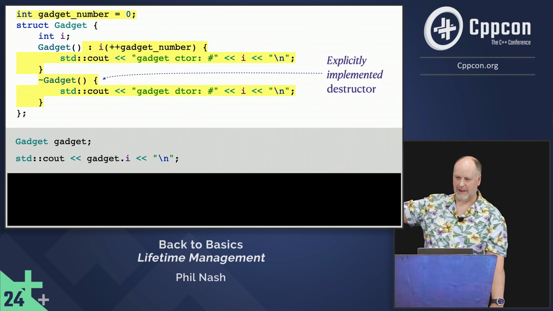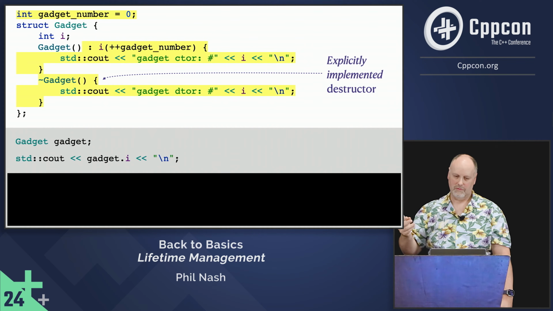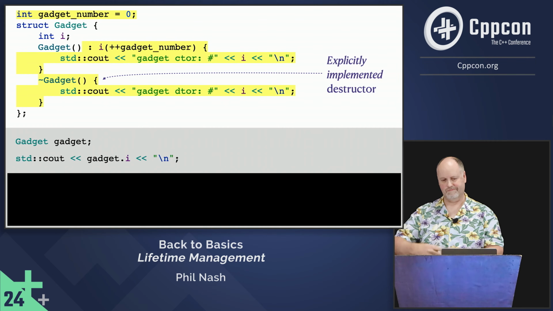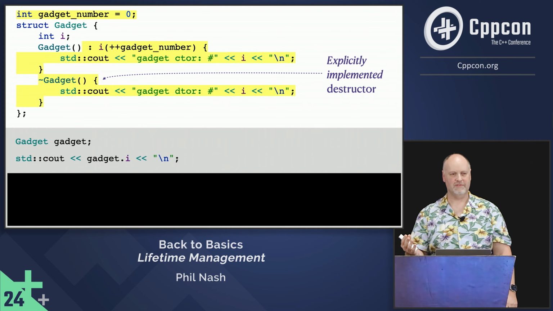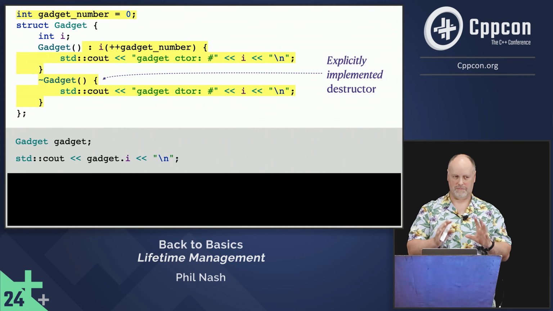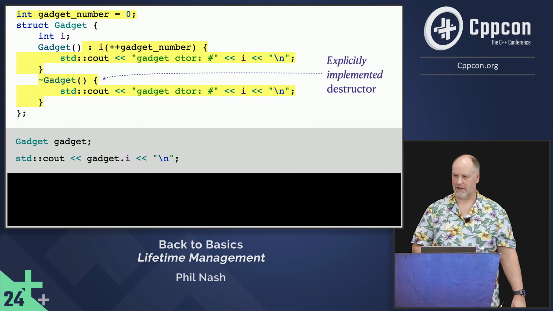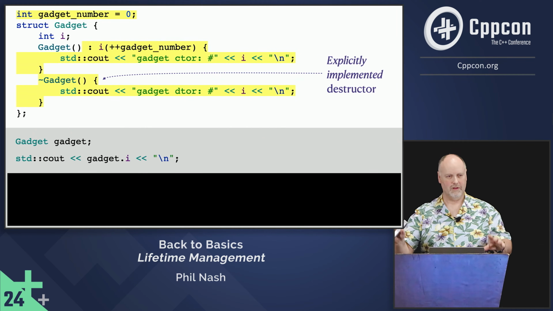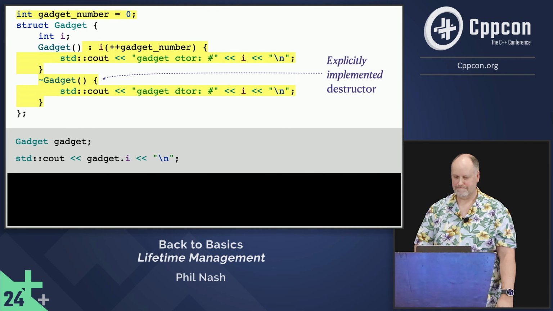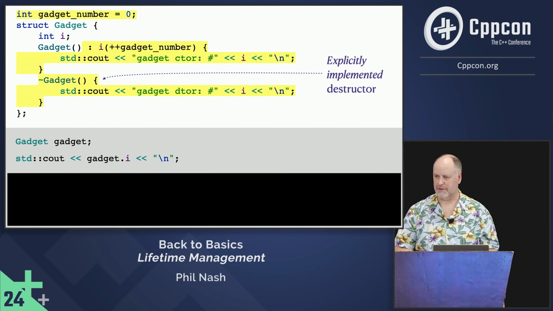There's a global integer at the top that we're incrementing in the constructor. We're effectively giving ourselves an instantiation number so we can try and keep track of things. And I'm only doing this for the purpose of keeping track of what's coming up. Easy to lose track. So don't do this at home, but this should work. And there's our explicitly implemented destructor.